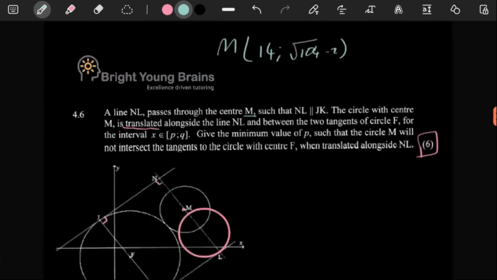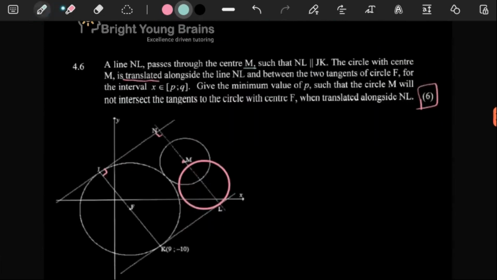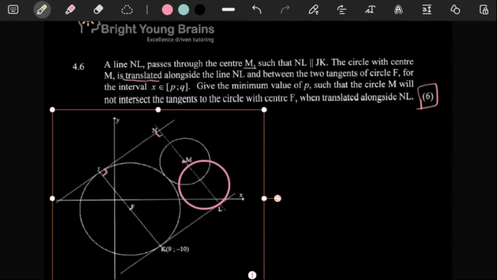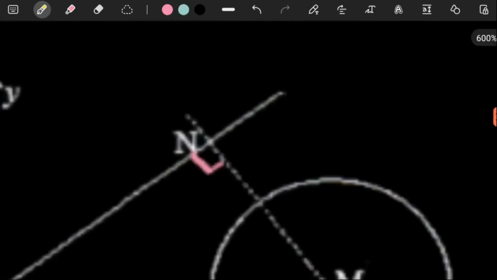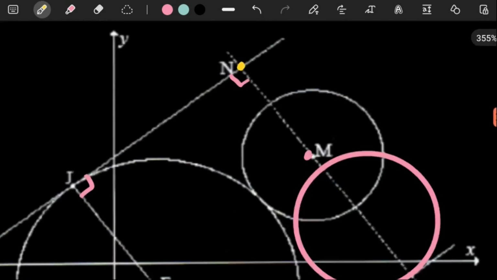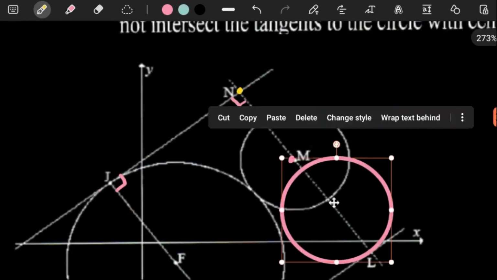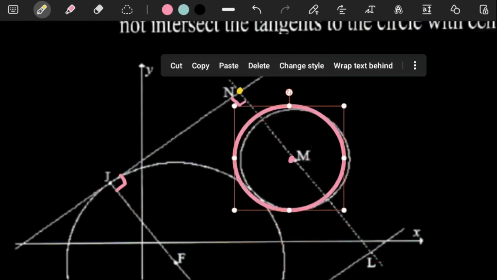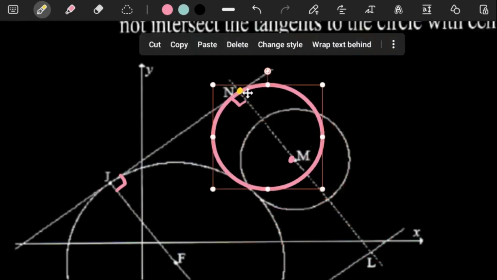I don't think that's a coincidence, because the equation of Jn meets the straight line NL here. So if they're asking what's the furthest it can go upwards, we just need to find out first what this coordinate up there is.